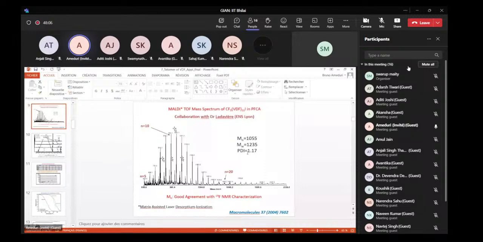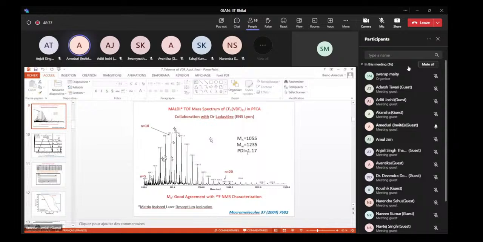And if you consider, let's say this is the 10th, so 5, 6, 7, 8, 9, 10, 11, 12, etc. So the average degree of polymerization here is about 11, as we found by NMR. And I was very happy that in collaboration with Dr. Ladavière in Lyon, when she came to give us a talk, we could match the results of DPn value with those of NMR. So this is a very nice example.